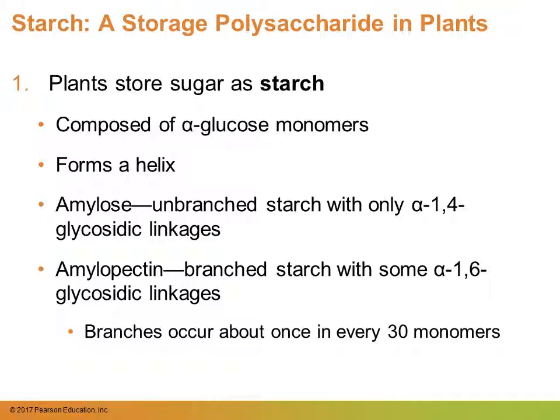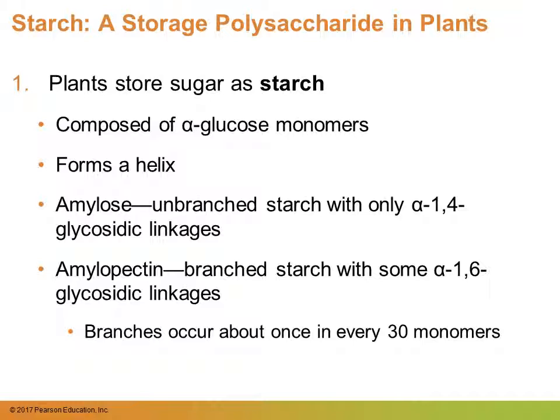Okay, so the first thing that we'll talk about is starch. So what is starch? Starch is a polysaccharide. Polysaccharide means it's made out of many saccharides, or many monomers of monosaccharides. So it's composed of alpha glucose monomers, and so the linkages are alpha 1,4 glycosidic linkages.